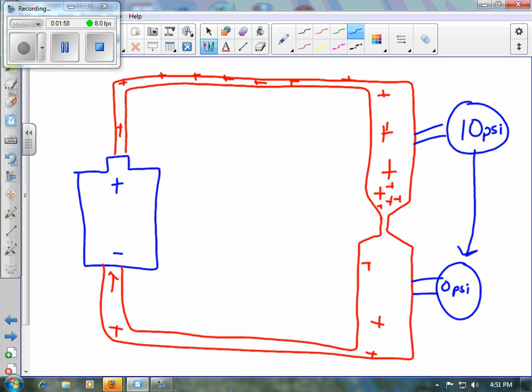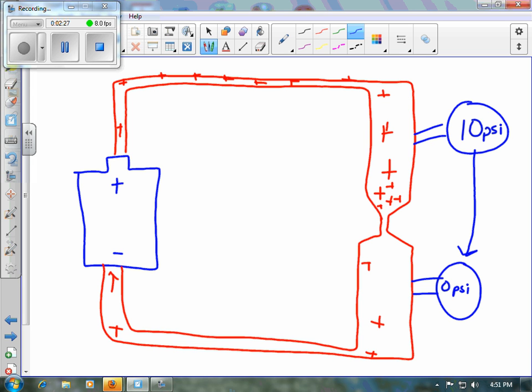Anybody want to take a guess what the electrical equivalent of pressure is? Resistance. No. Yes. Voltage. Okay, good. So there is a voltage drop from here to here. So let's say this is a car battery. How many volts is a car battery? 120?